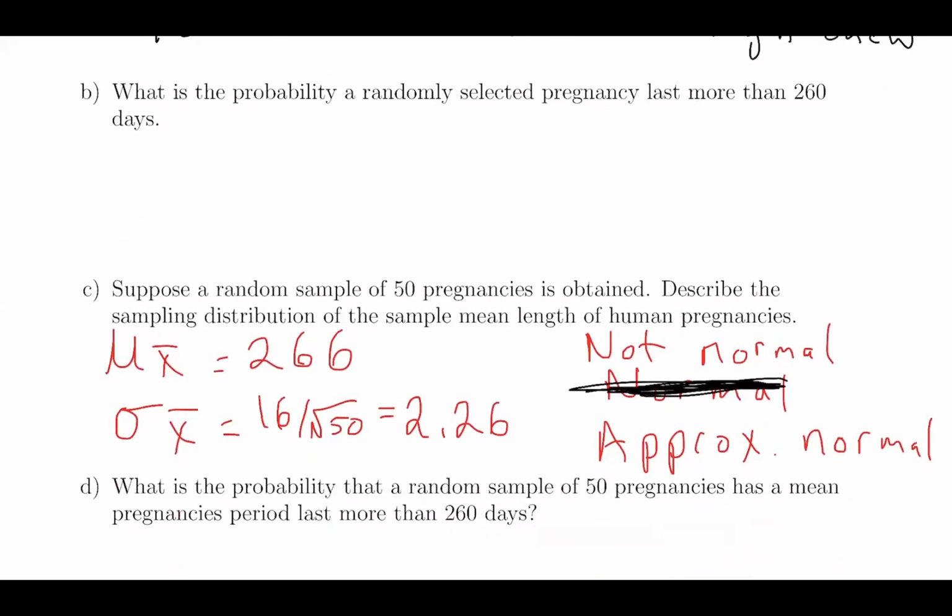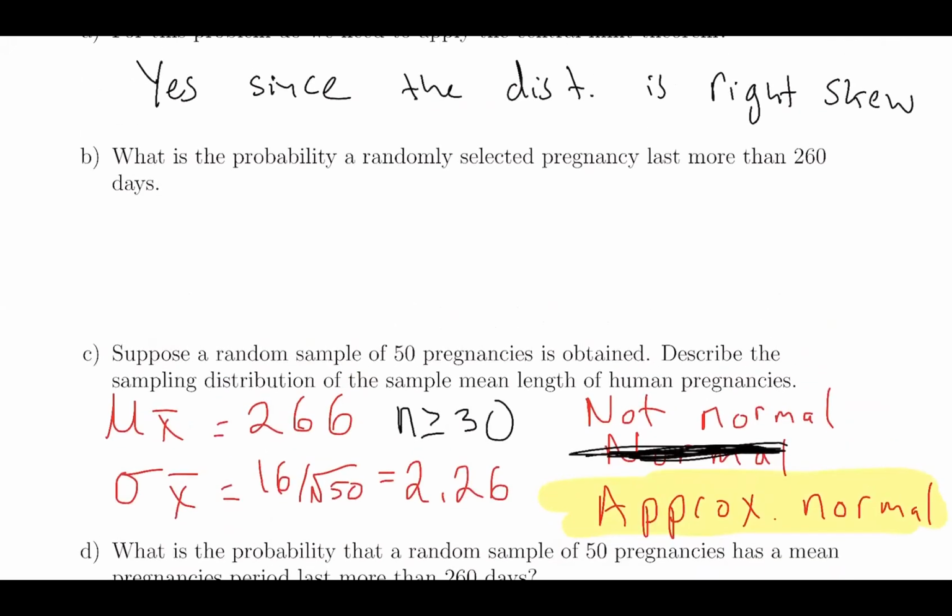So we have to see if n is greater than or equal to 30. Is n greater than or equal to 30? Yes. So since n is greater than or equal to 30, we're going to say this is approximately normal. All right, that's it for C. Any question in regard to C? No.